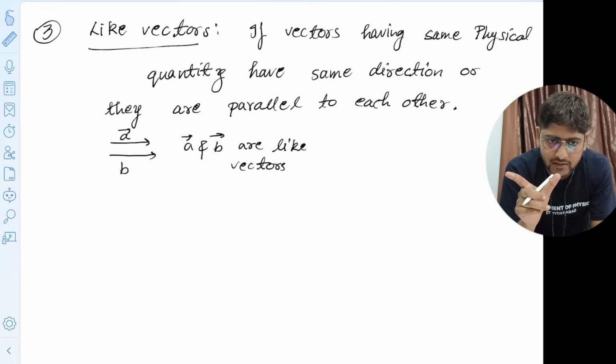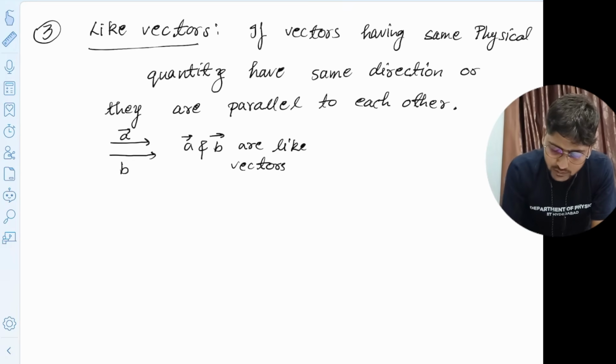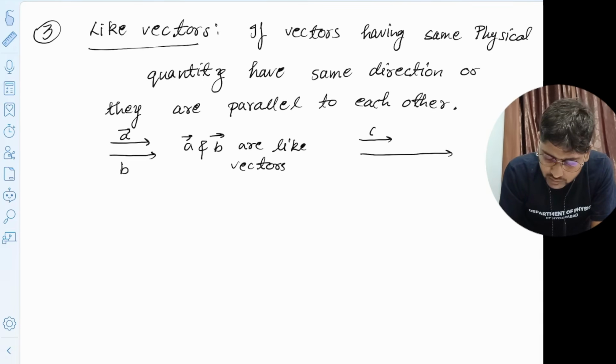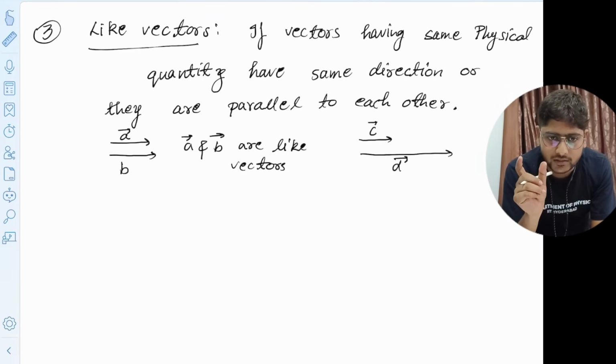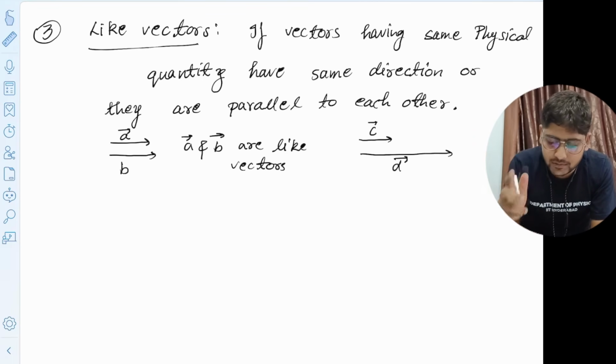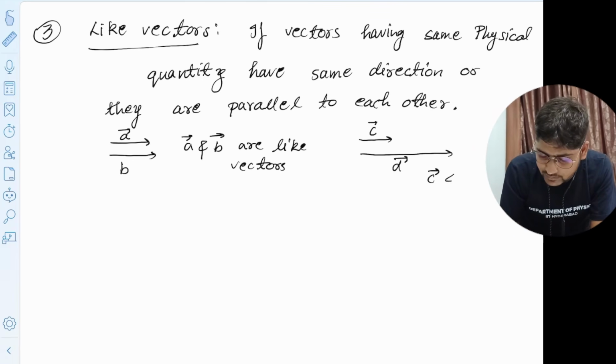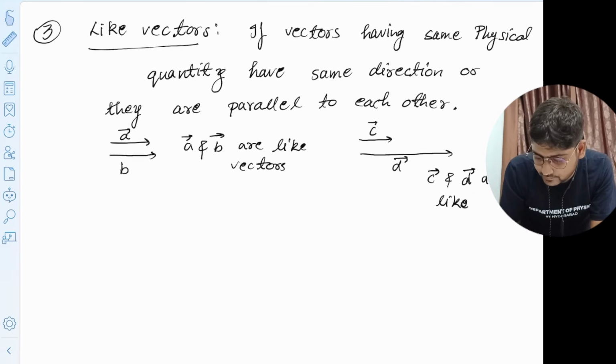If we make a larger vector, then its magnitude will be more. Suppose this is vector C and this is vector D, but they are not equal in magnitude, but their direction is the same. So if direction is the same, then they are called like vectors. So vector C and vector D are like vectors.